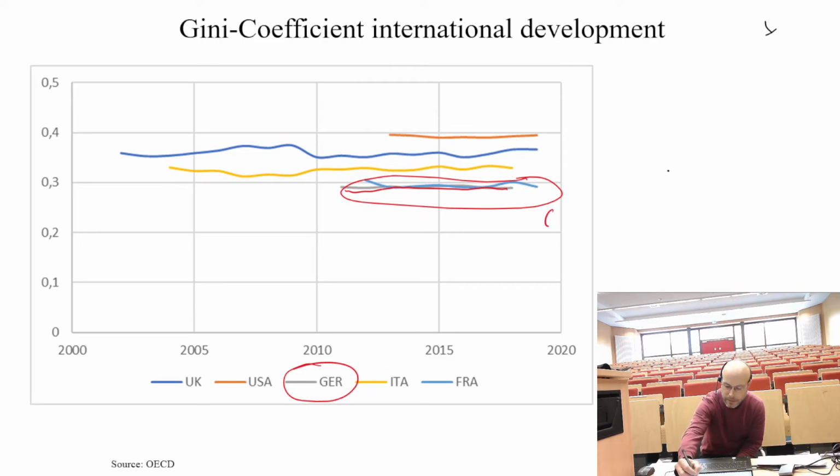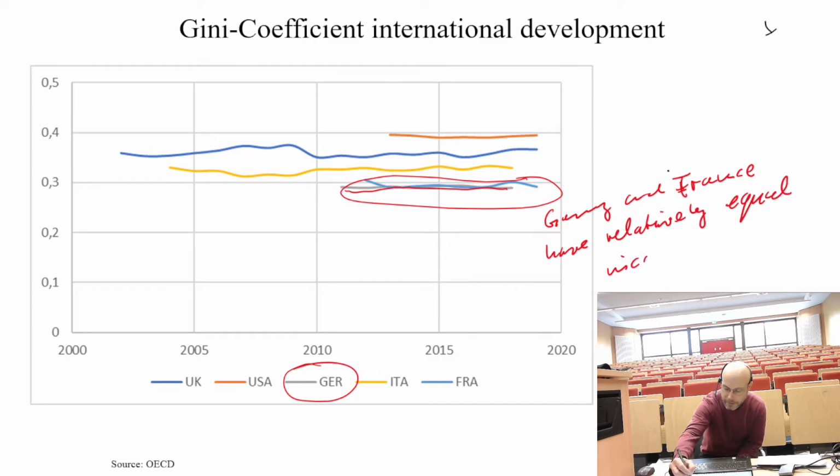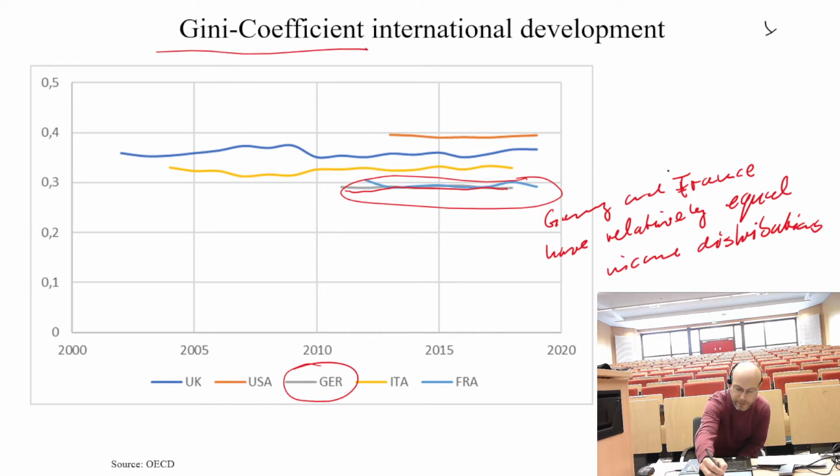So Germany and France have relatively equal income distributions. So the Gini is calculated on income data.